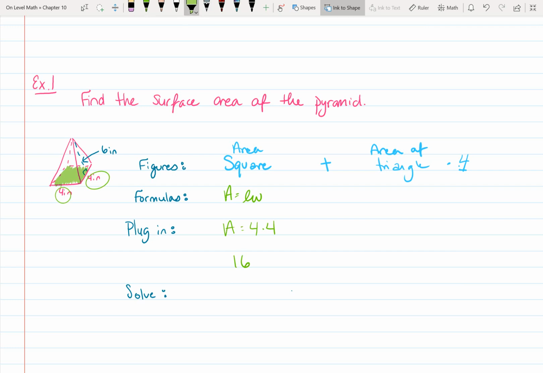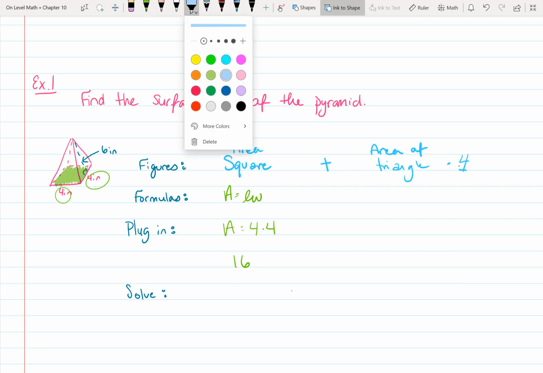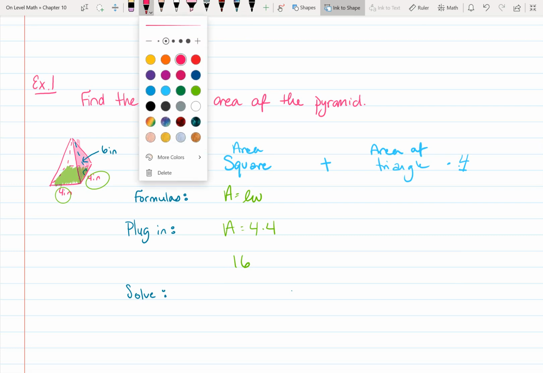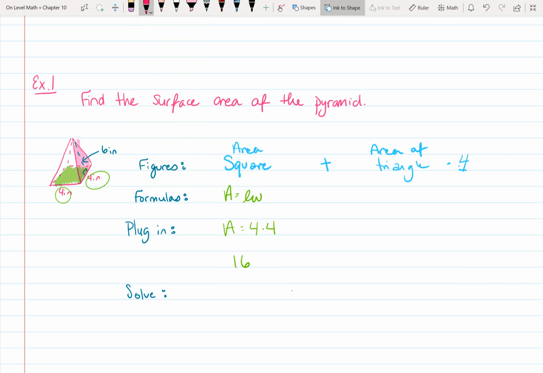Alrighty, now let's work with the triangle. We're working with this side right here, our base and our height. So area equals 1/2 base times height. Again, if you do not have these formulas memorized at this point, you've got some work to do. Alright, so A equals 1/2.